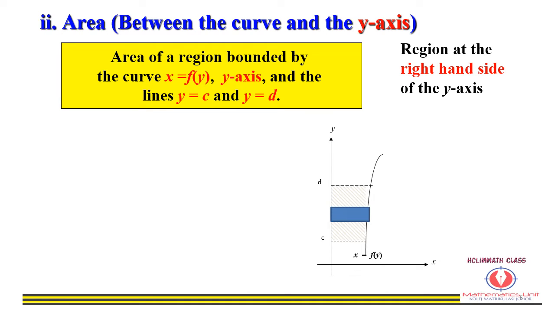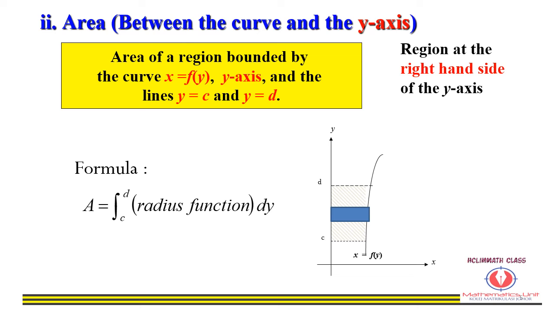Case 2 is the area between the curve and the y-axis. To find the area of a region bounded by the curve x equal to f(y), the y-axis and the lines y equal to c and y equal to d, we may apply the formula of the definite integral of the radius function with respect to y.